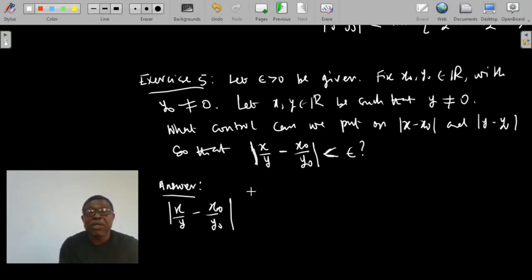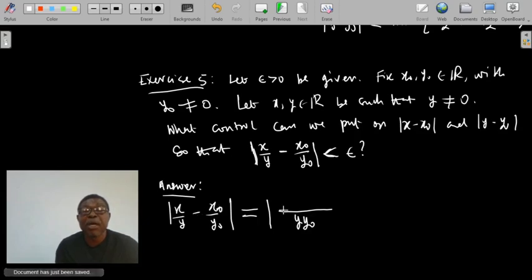So now, let us try to estimate. This particular thing is, of course, equal to the absolute value of, what I'll do is to find the LCM. And here, the LCM is y naught. And if we now simplify, you'll find out that this will give me x y naught minus y x naught.